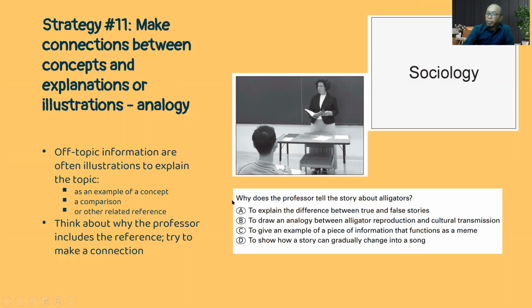So you will get a question about these kinds of use of off-topic information. So make sure you know the purpose or the reasons or the connections between the off-topic information and the lecture.